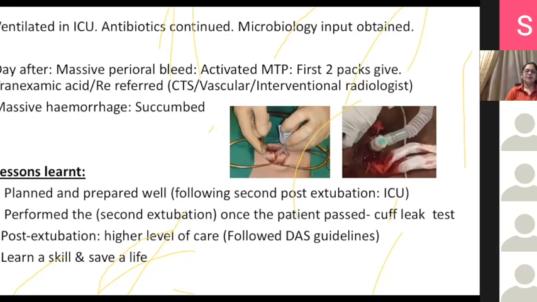So knowing how to do a tracheostomy, I mean, this was a surgical tracheostomy, but in a situation like this, to be able to do that was something I thought was really commendable. So I thought this was a really nice take-home message in that sense.